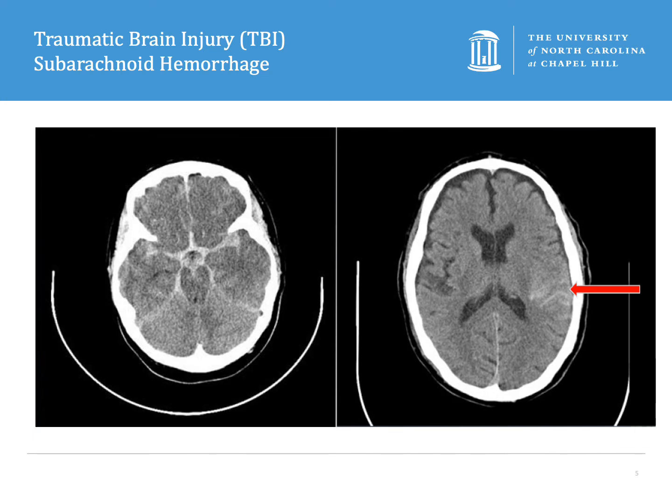So subarachnoid hemorrhages. Classically we think about aneurysm ruptures, but they can also be seen in traumas. It's important to distinguish the two, and they're usually pretty easy to tell apart because the pattern of blood is quite different.